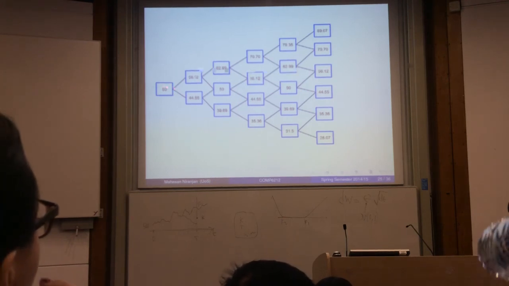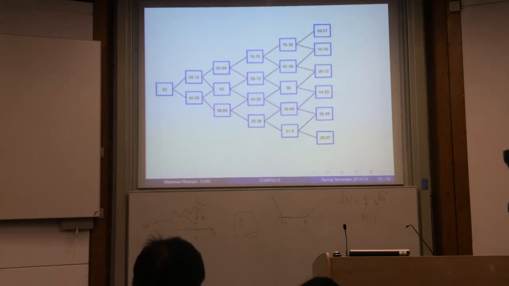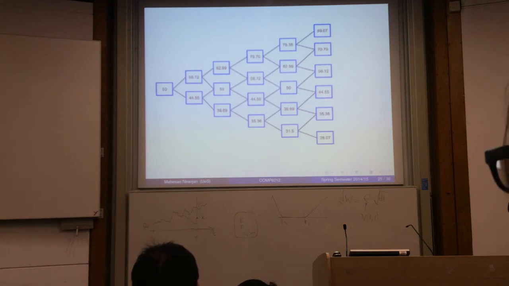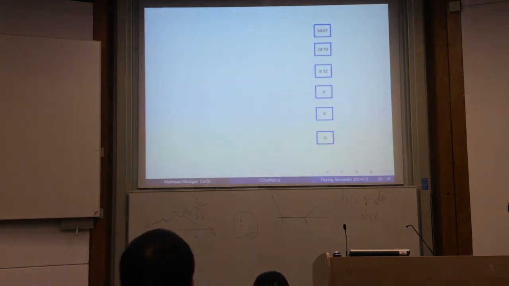And then if I thought the stock starting at 50 can have these possible values after 5 steps, and I have an option contract whose strike price is 50, then I know in these cells it's worthless. In those cells I will make profit. I'll cash it and make profit. So what I can do at this juncture is actually value what the option contract is worth.